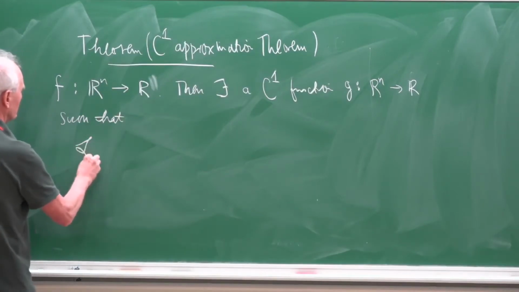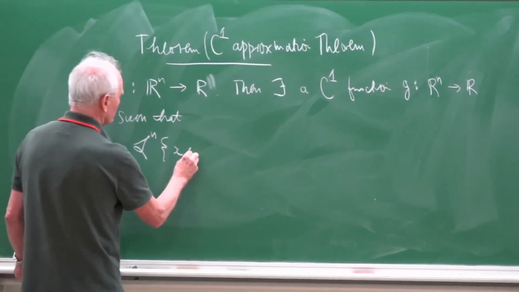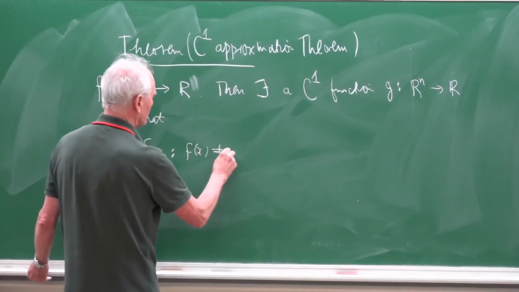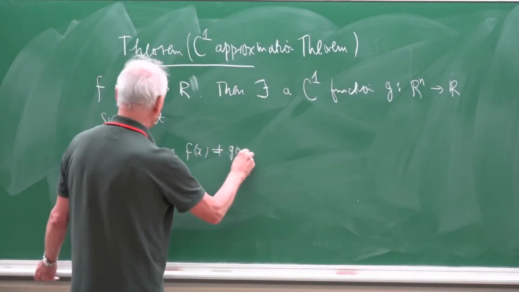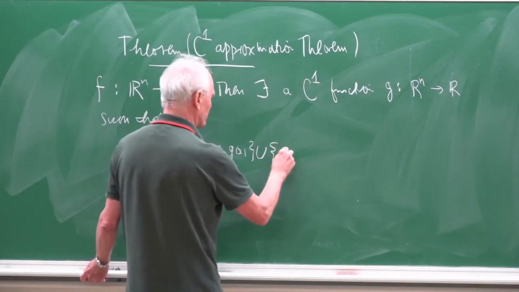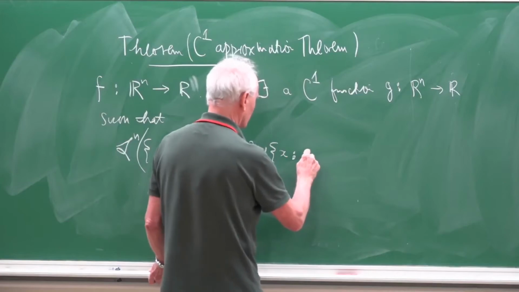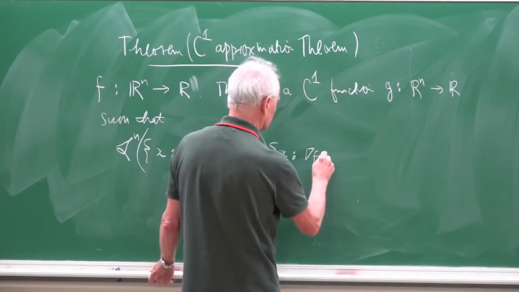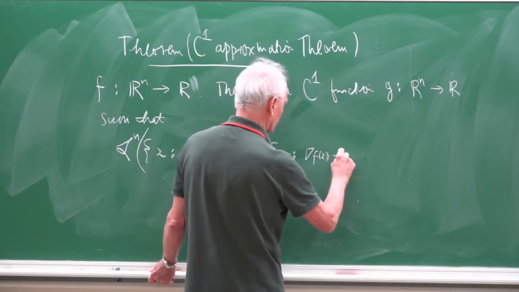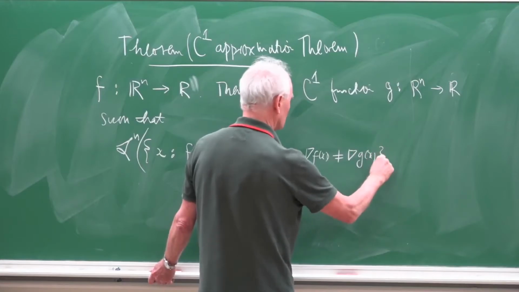the Lebesgue measure of the set of x such that f(x) differs from g(x). In fact, you can even take the union of that with the set of points where the gradients differ, such that grad f(x) exists and grad f(x) is not equal to grad g. So it's actually the union of two sets.